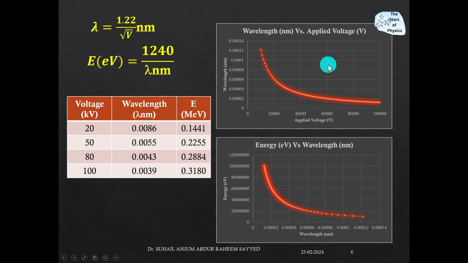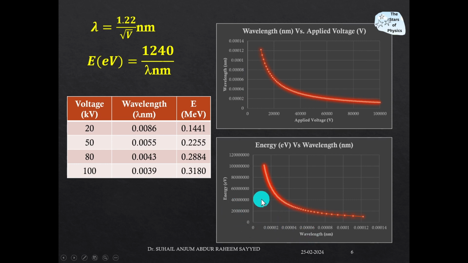Now here we have different graphs, just to explain. This graph shows the wavelength versus the applied voltage. As the applied voltage increases, the wavelength goes on decreasing. And there is another graph, energy versus wavelength.